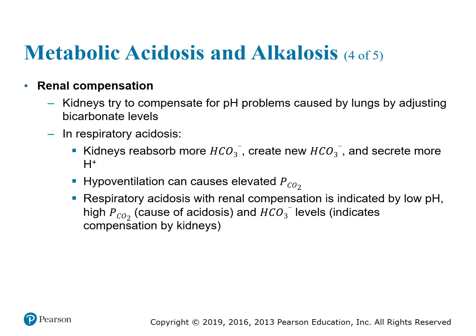The way that this works is that hypoventilation or low breathing rates can cause an elevated CO2 level. And so again, for respiratory acidosis with renal compensation, what are your indicators that your acidosis is caused by the respiratory system? A low pH of the bloodstream, a high PCO2, and high bicarbonate levels.